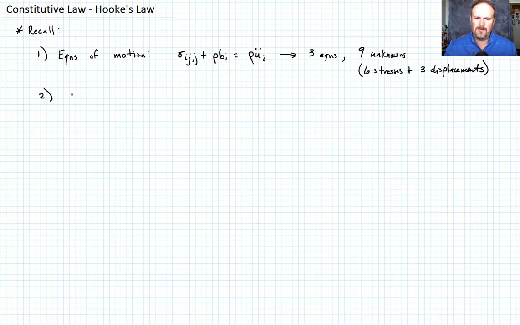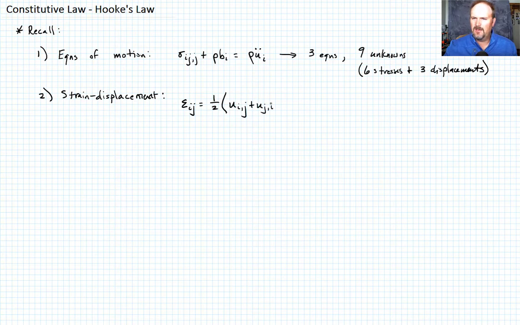We also talked about the strain displacement relations. And this is kind of the expansion of your rudimentary delta L over L to displacement, which looked like epsilon ij is equal to 1/2 (ui comma j plus uj comma i). Remember, epsilon ij is a symmetric tensor, so there are 6 unique strains here.